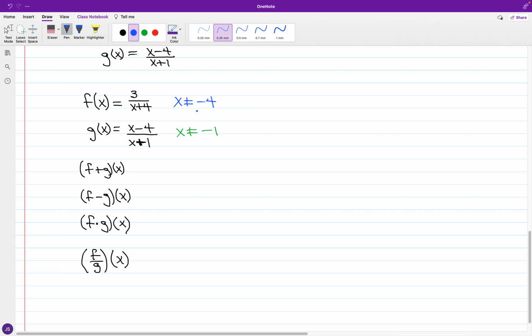To keep f of x real, none of the functions that follow can allow x to be negative 4. And since we're working with g of x, again, we cannot have x be negative 1.